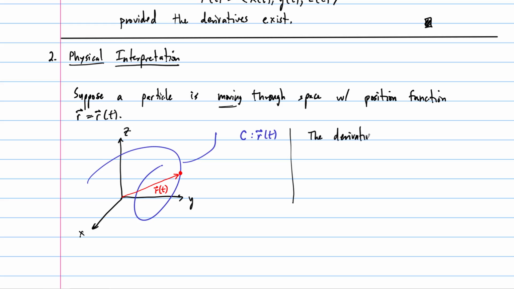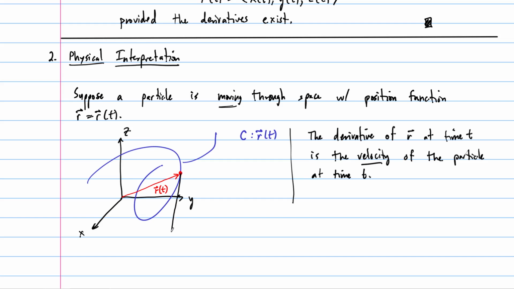So the derivative of r at time t is the velocity of the particle at time t. All right, so for example, if this particle is moving this way, so if it's going this way around the curve, then its velocity vector would be tangent to the curve.